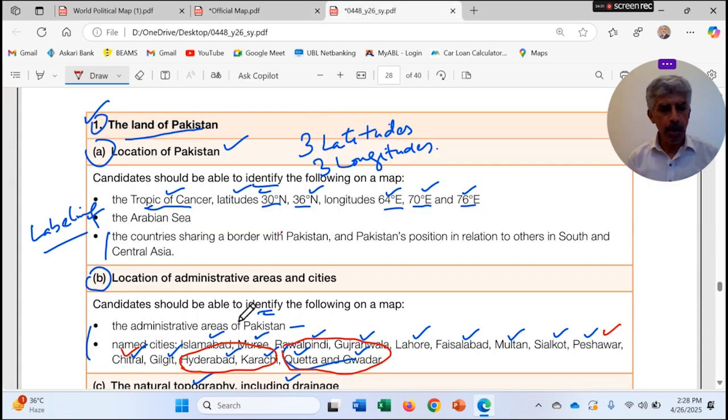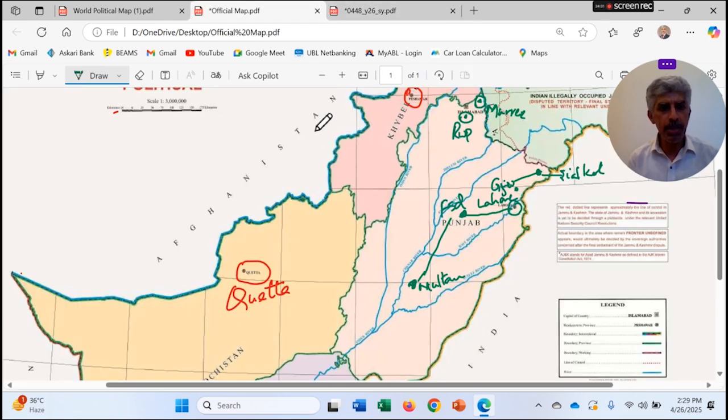Going to the syllabus to find out: Murree, Rawalpindi, Gujranwala, Lahore, Faisalabad, Multan and Sialkot. So I have labeled all these cities of Punjab province. Rawalpindi is just in the south of Islamabad. I have not identified or labeled Islamabad yet. I am labeling the cities of Punjab.